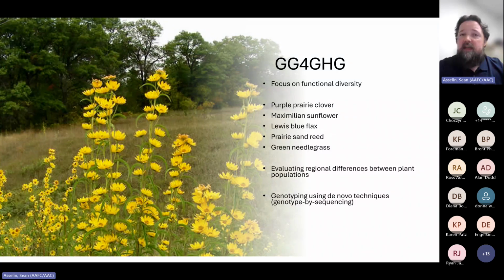So if a plant looks the same, we don't know how it's going to react under every condition. The 2 plants may look the same, but at a genetic level, they can be quite distinct. And that's a place where genetic markers can really help us find that cryptic variation that can be important, not only for the health of the population in terms of genetic diversity, but also its potential for adaptation.